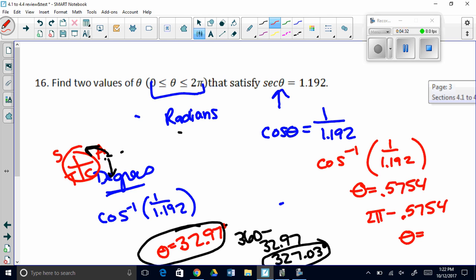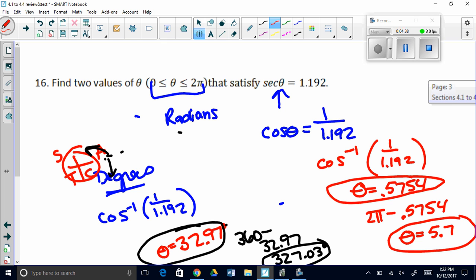So your second angle is 5.7. So those are your two answers, and those are the two I would expect to see. Now you absolutely do not have to do the degrees. They are just there to kind of help you visualize it. You only need the radian answers.